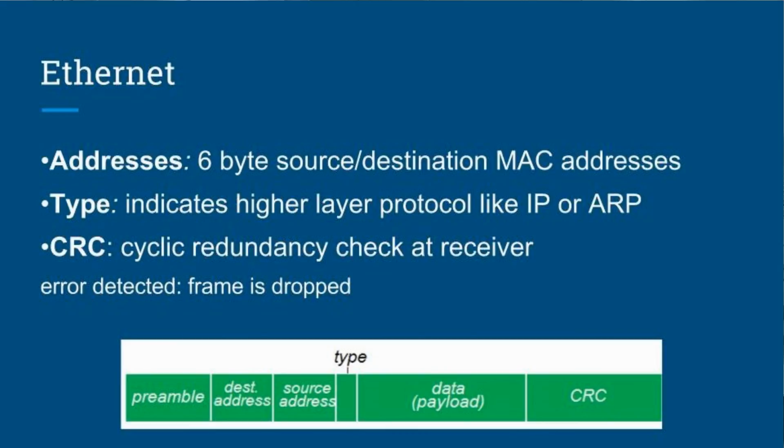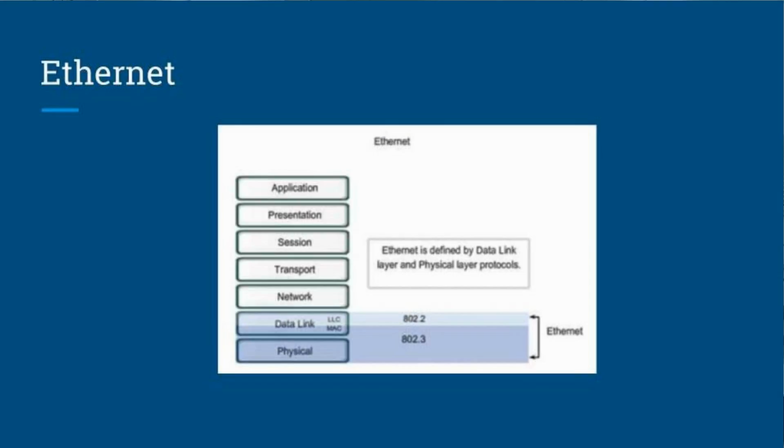This could be parity, even, odd. Here's a diagram that shows that Ethernet and the IEEE 802.3 standard cross over between the physical layer and the data link layer.